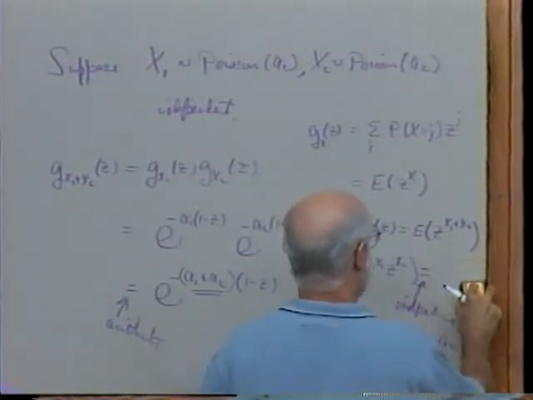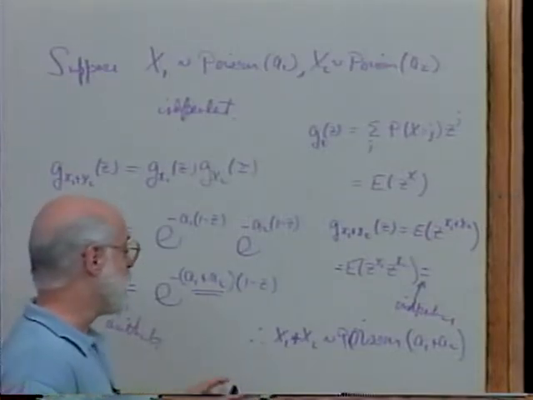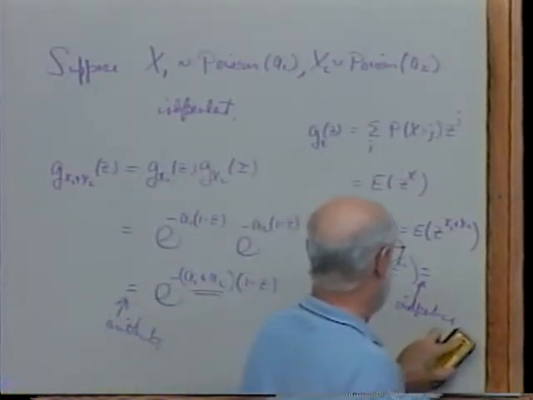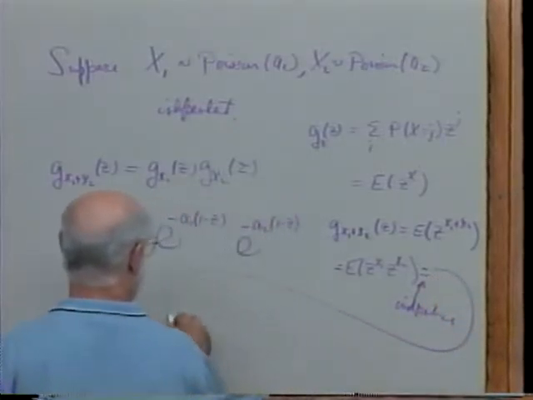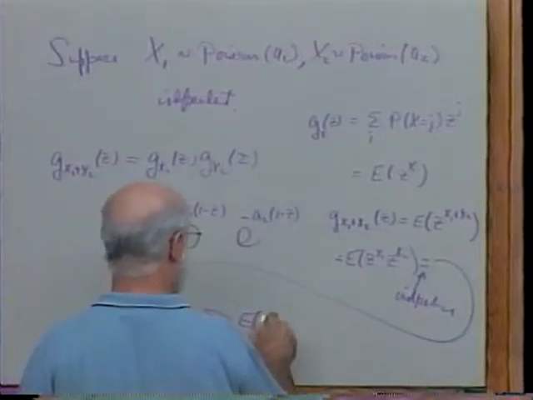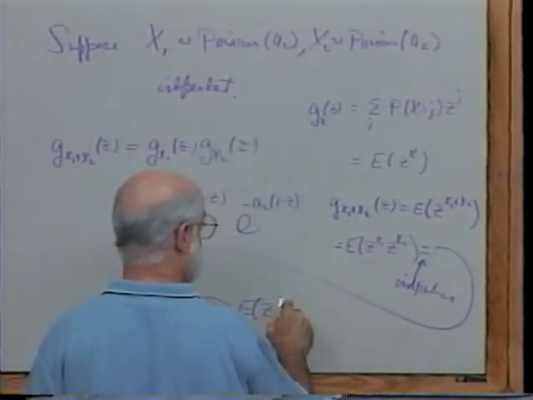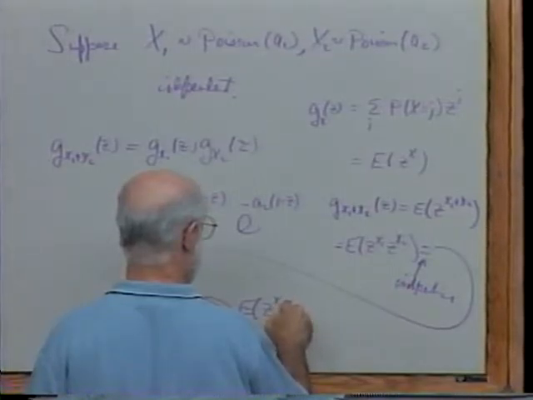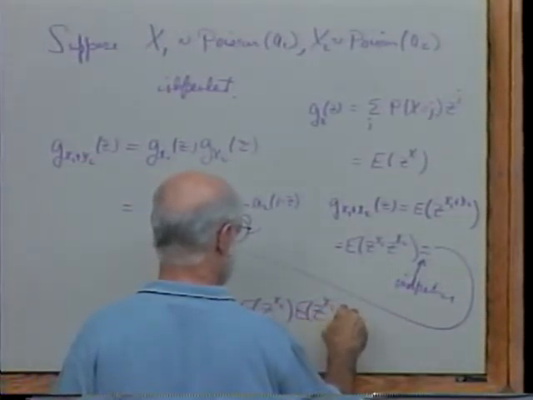Everybody knows, if you ever take a course on how to teach, that you don't write yourself into little tiny corners like that. OK, so let me take my time here and make a bigger corner. So this is going to be e of z to the x1 times e of z to the x2.